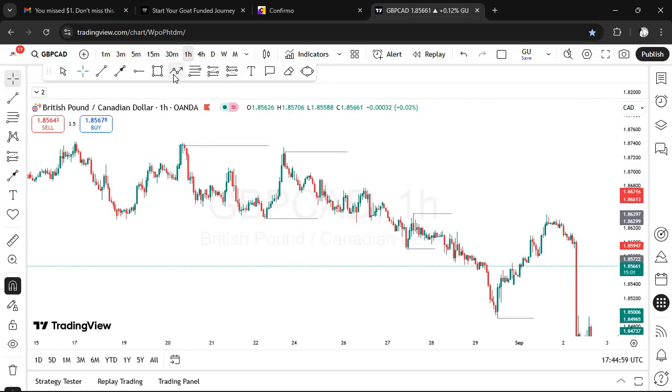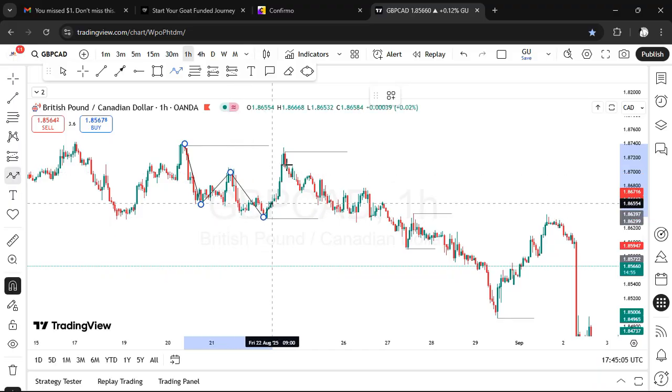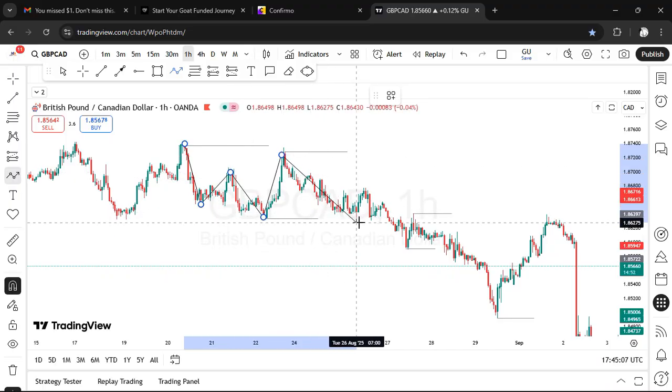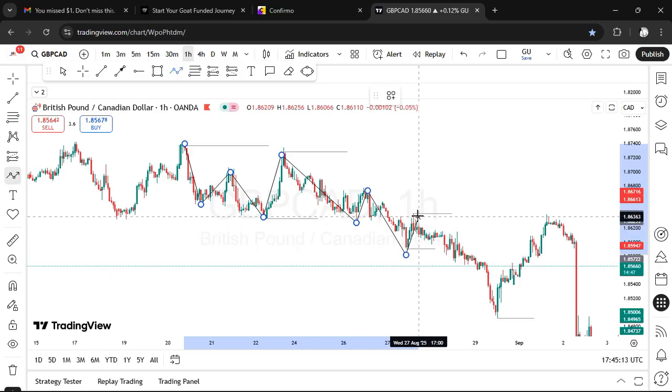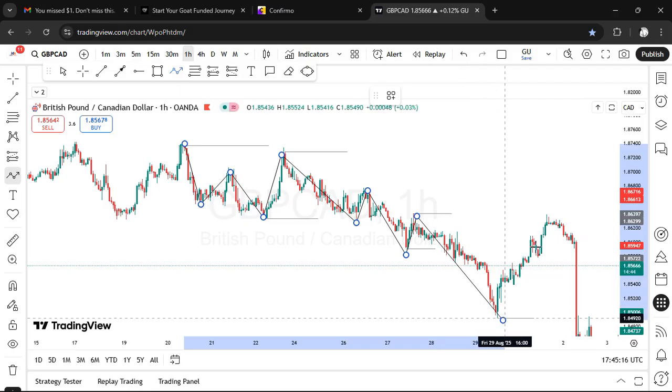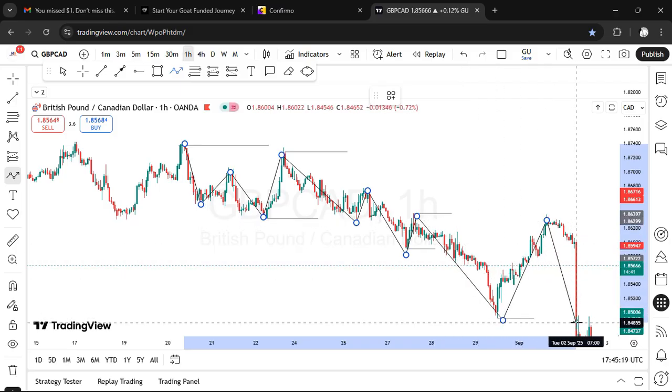Now let's try to mimic this movement and see how it is. Look at this: lower low, retraced, came down to this point, retraced, came down to this point, retraced, came down to this point, retraced, and then we are down.